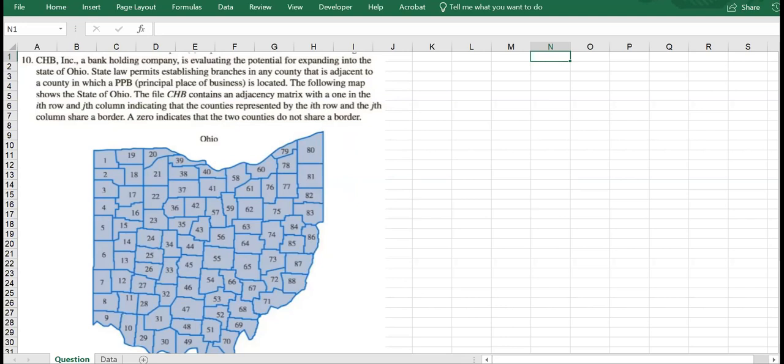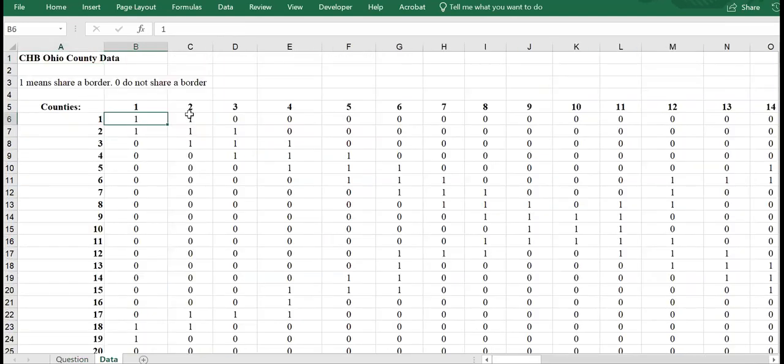There is a data file, CHB, that contains a neighborhood matrix. In that matrix, whenever you see 1, it means that the counties, let's say here, county number 1 and 2 are neighbors, and 0 means county number 1 and 3 are not neighbors.